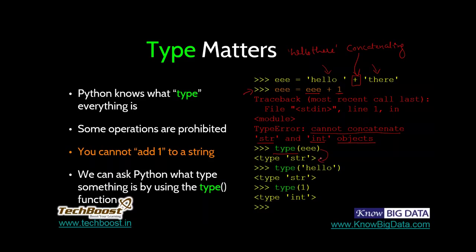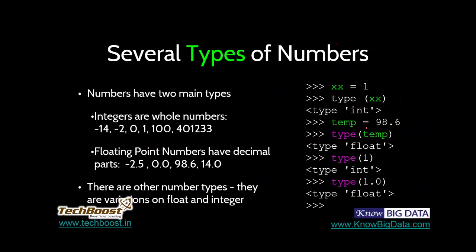It tells that str is the type, in the sense string is the type of the data you're looking for. Hello again is again a string, and the type of hello will give us str. Type of 1 gives you an int because 1 is an integer. Fair enough. Alright.